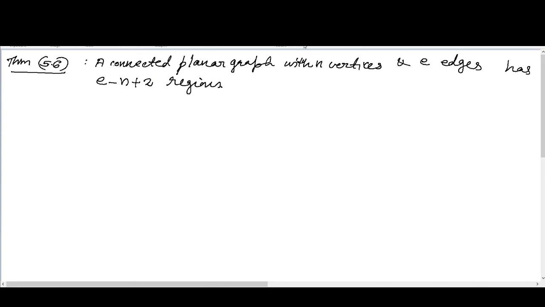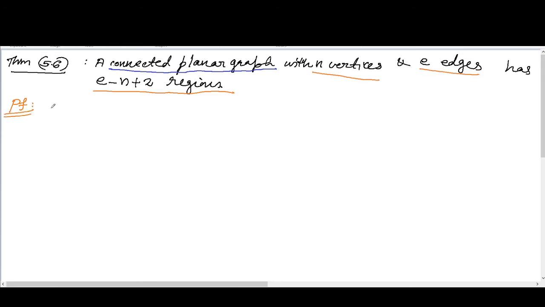So, in order to calculate the number of regions, you can make use of this theorem. In the case of a connected planar graph with n vertices, e edges, there are e minus n plus 2 regions.